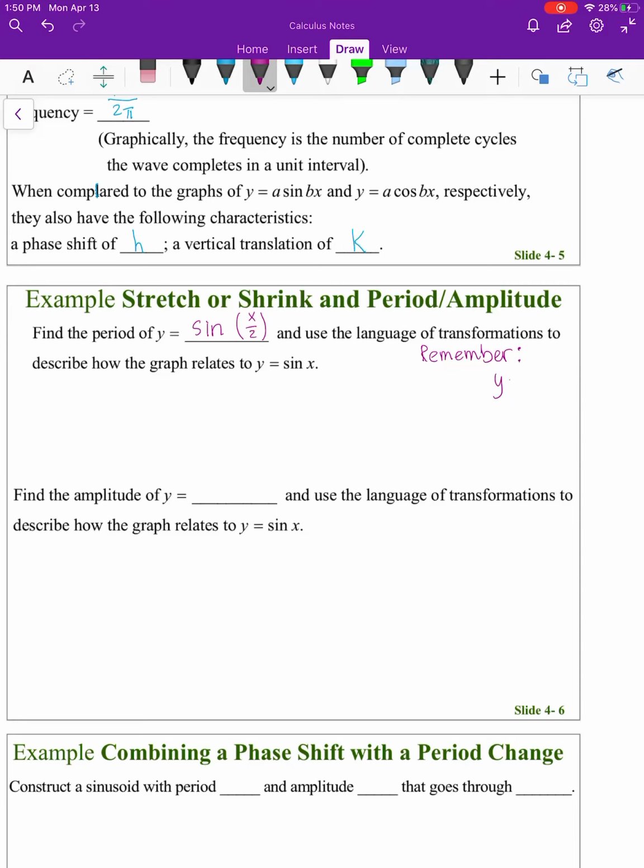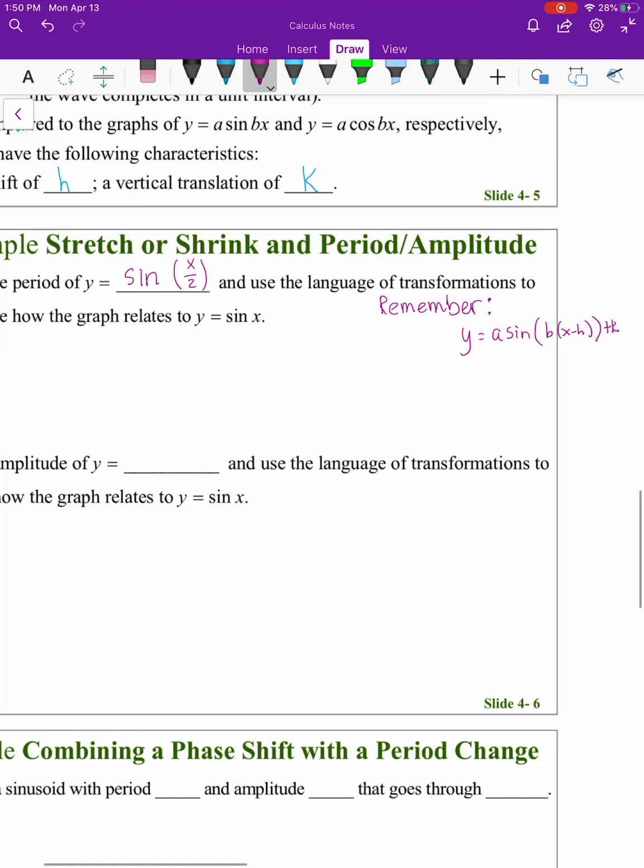So just to help us when we start doing more difficult ones, we're going to remember y equals a times the sine of b times x minus h, and then plus k. We're going to remember that the number in front is our amplitude and that this b right here is our period coefficient. We call that the period coefficient because it's not the period. We have to calculate the period using this b.